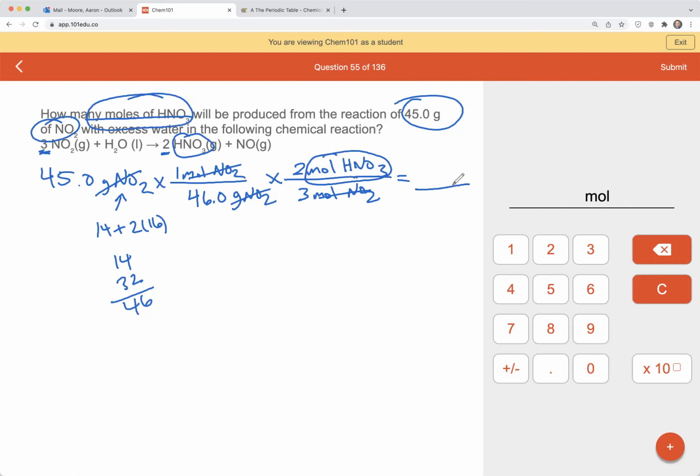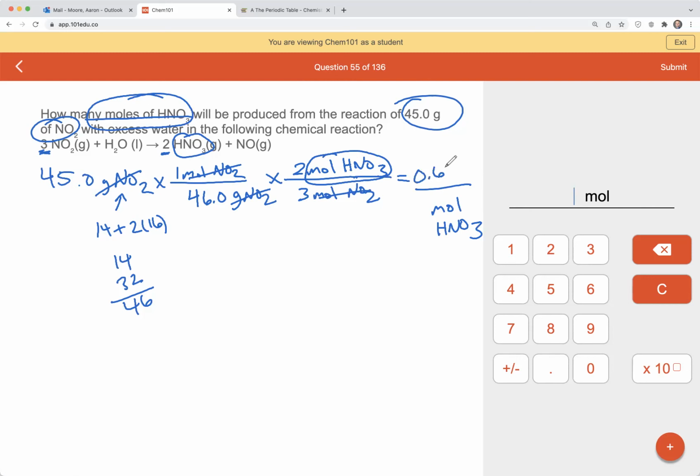Okay, so now I'm ready to plug in the numbers into my calculator, right? So I can do that. We got 45 times 2, enter, and I divide that by 46, enter, and divide again by 3, enter, and I get 0.652 if I round to 3 sig figs.